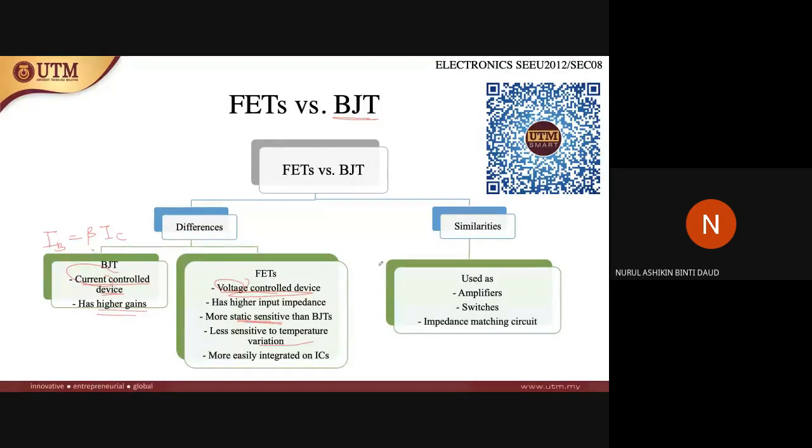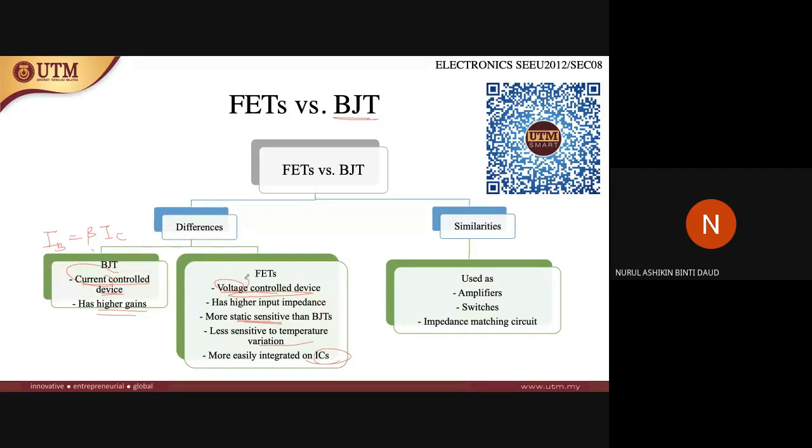And it is more easily integrated on ICs. It can be easily integrated in a circuit compared to BJT.